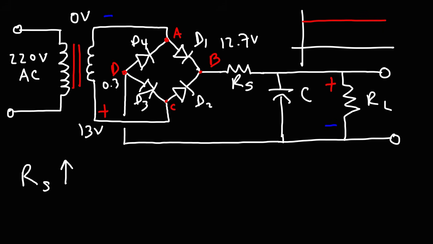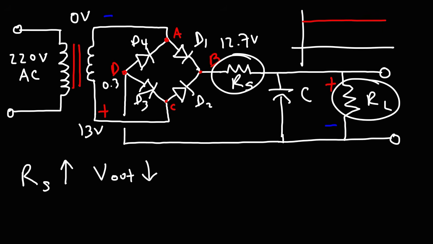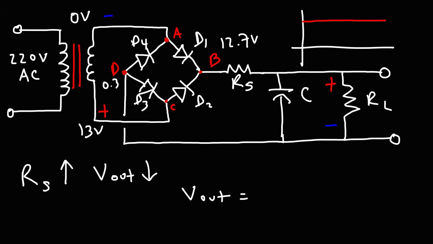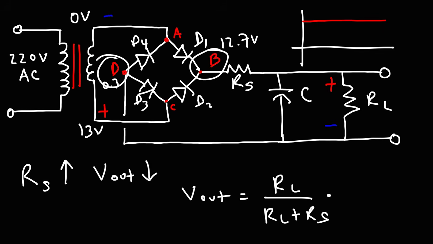In addition to that, the output voltage will decrease as well, because these two resistors, the load resistor and the series current limiting resistor, act as a voltage divider. So the output voltage will be equal to RL divided by RL plus RS times the potential between points B and D, which in this example is 12.4.